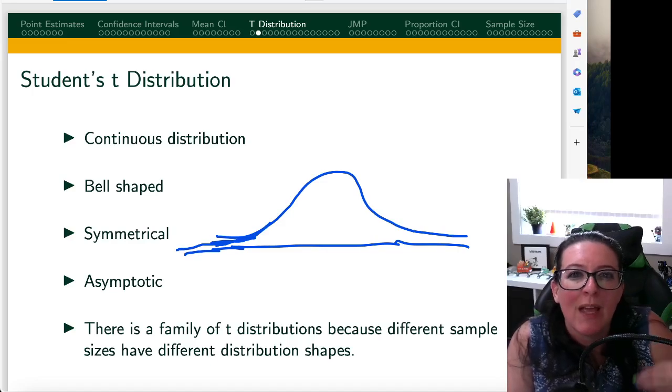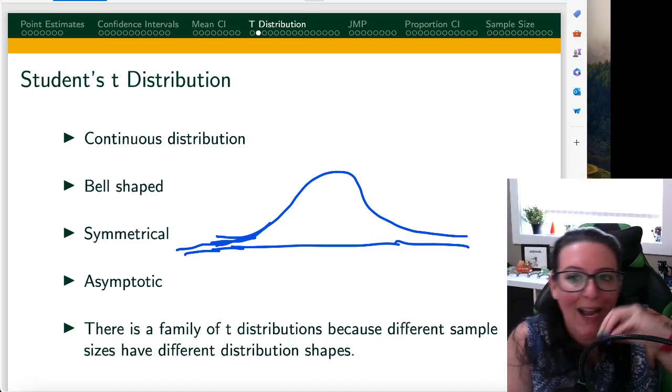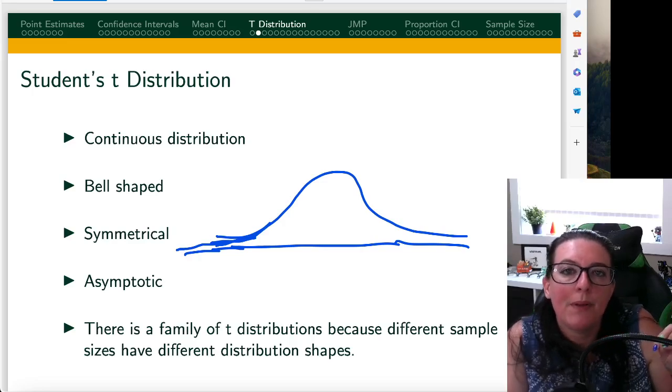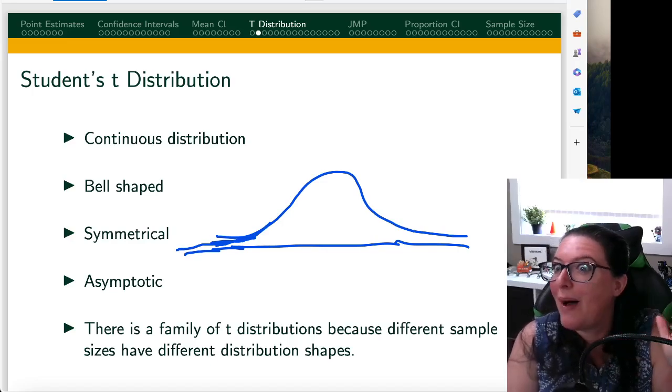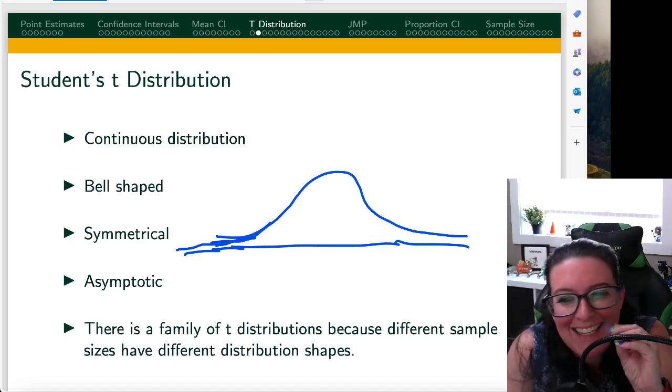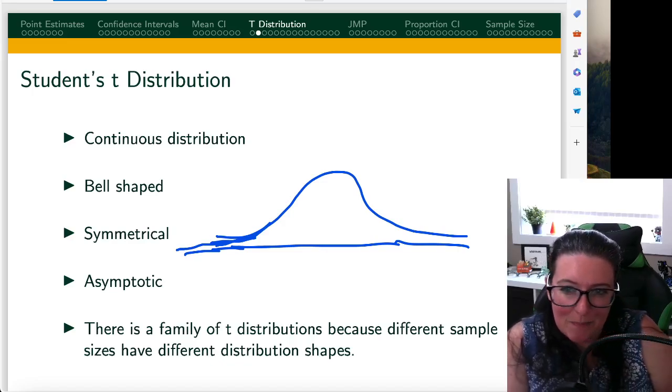What does that mean? That means the probability of those extreme values, whether they're extremely high or extremely low, is teeny tiny. It's not zero, it's not impossible, but it's teeny tiny. And the more extreme, the more teeny tiny it is.